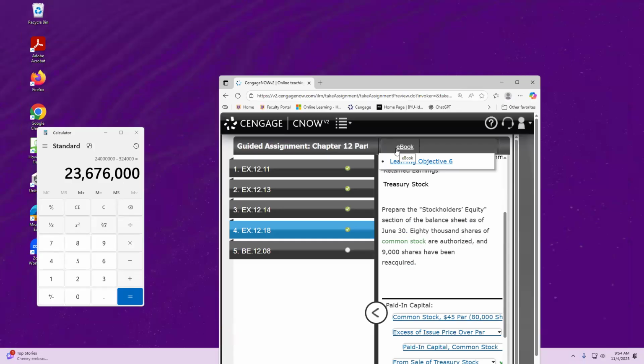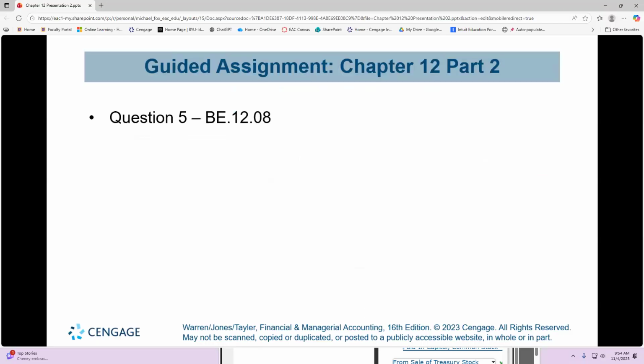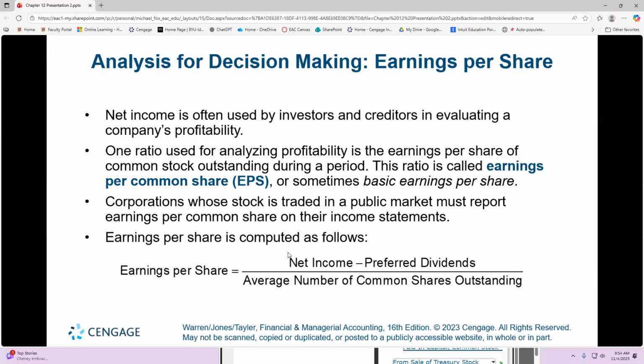I went quick through that. You want that formula? All right, give me a second here. I realize I'm rushing. I'm sorry. There it is. Net income minus preferred dividends, divided by the average number of common shares outstanding.